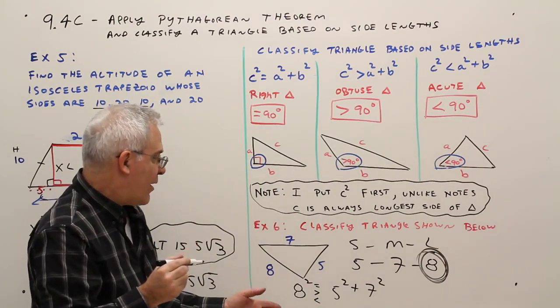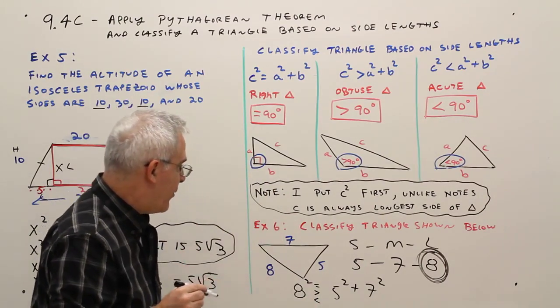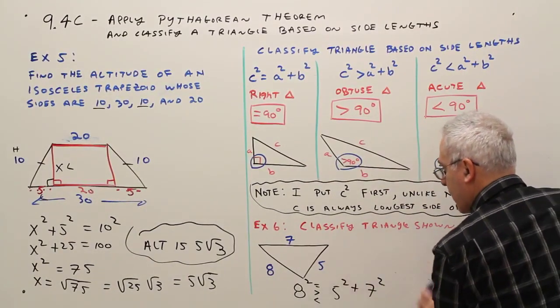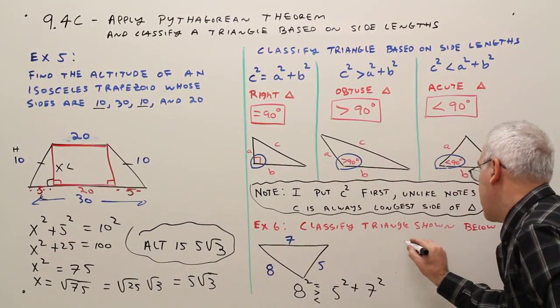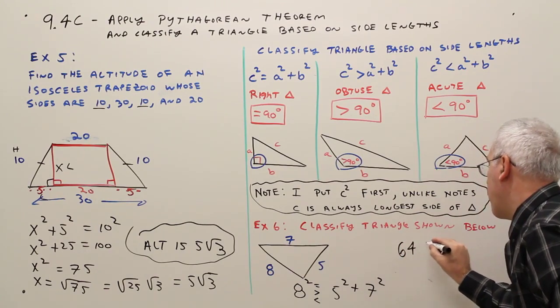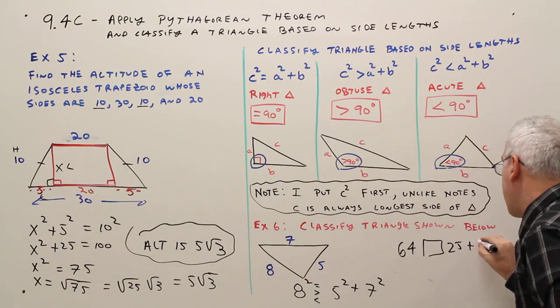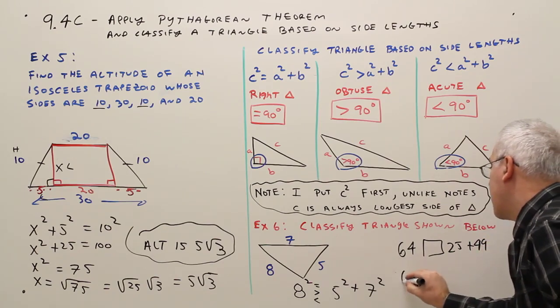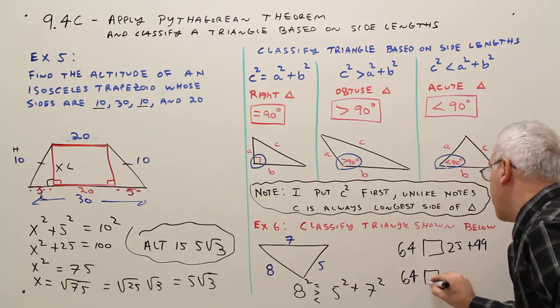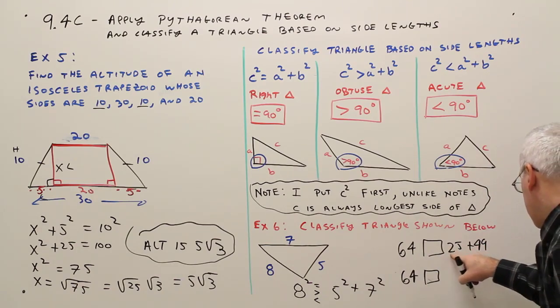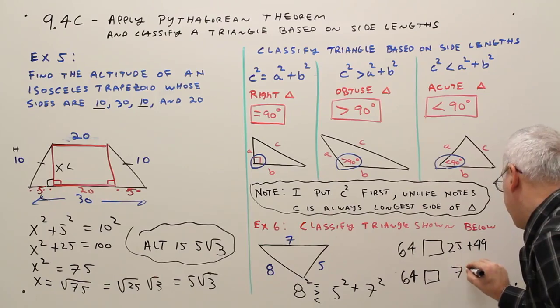All right, so I'm just going to work that out. I'm kind of running out of room, so I'll erase over here. So now it's going to be, how does 64 compare to 25 plus 49? How does 64 compare to, what do we have here? 74.